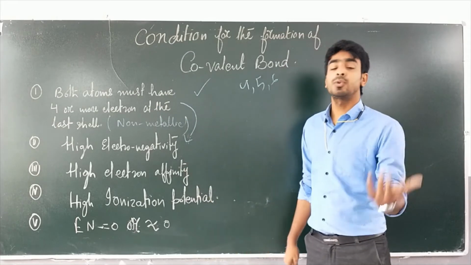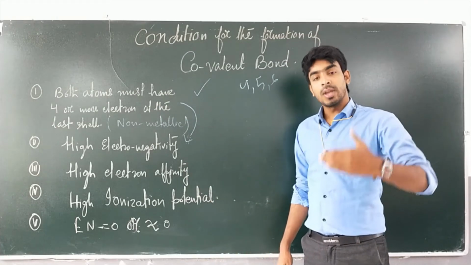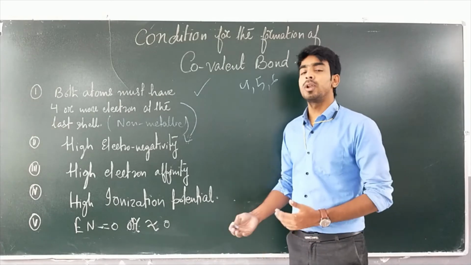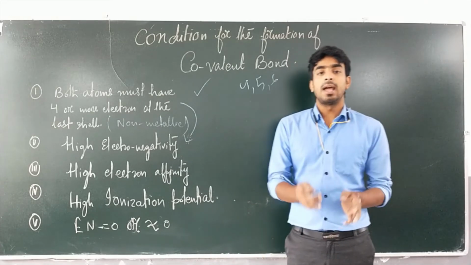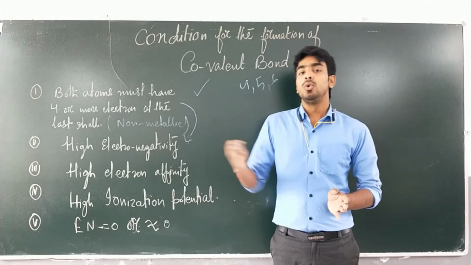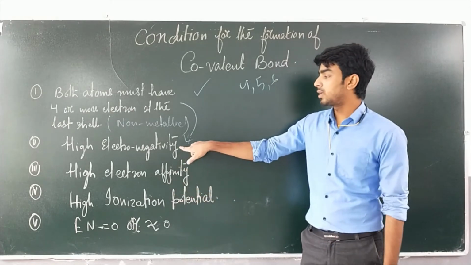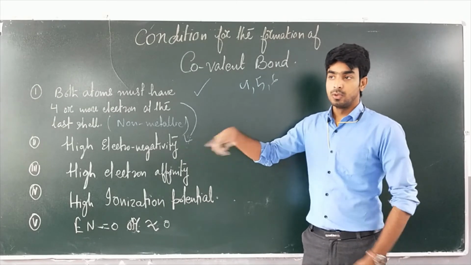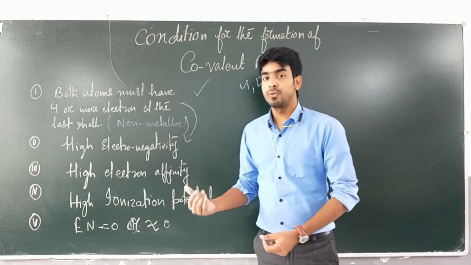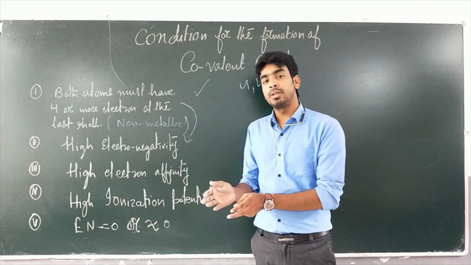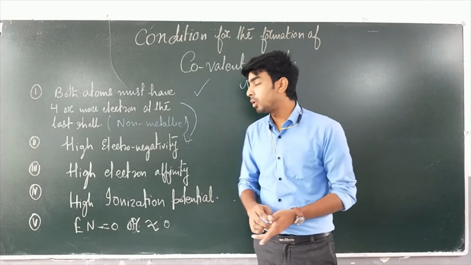Because high electronegativity comes when an atom has 4 or more electrons. Then it will have a tendency not to lose the electron but to gain the electron, and the tendency to gain the electron is actually electronegativity. So the more electrons an atom has in the last shell, 5, 6, 7, the more electronegative it will be.